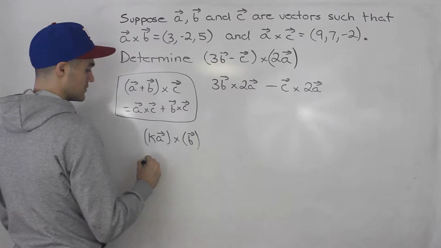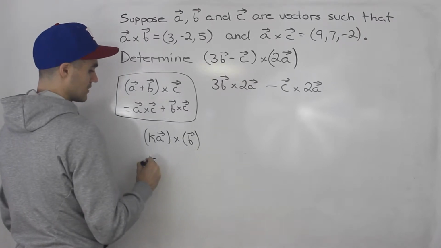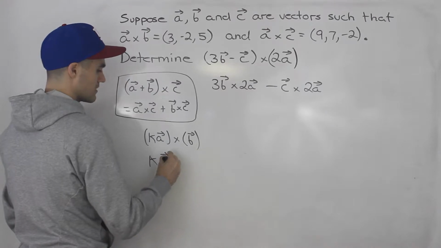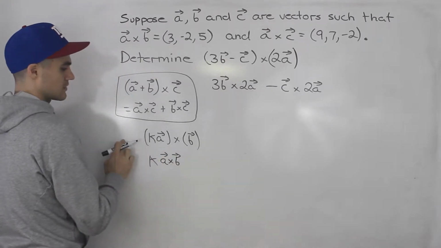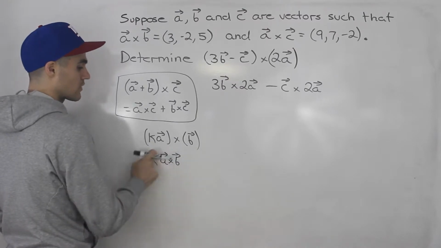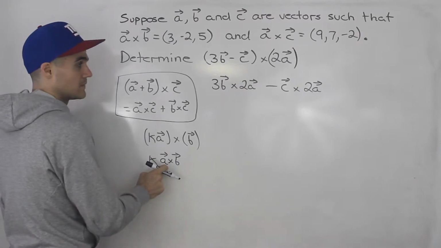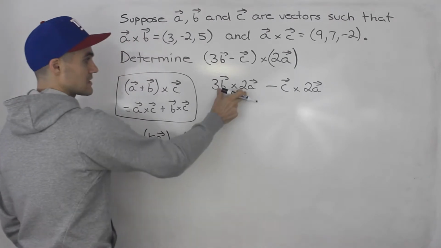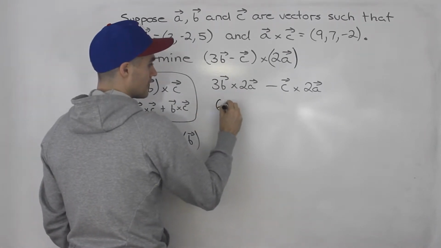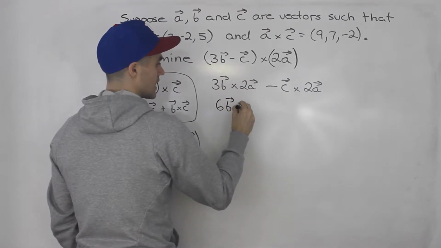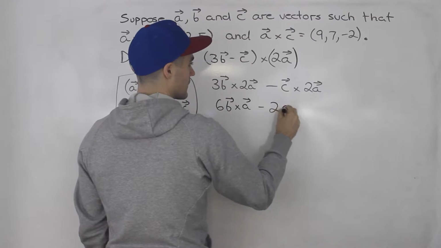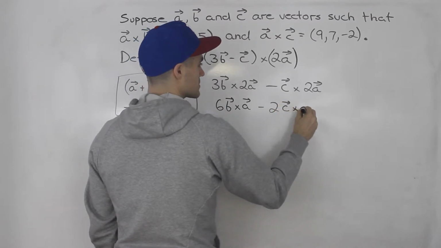Basically, you can keep the scalar on the outside and just take the cross product between A and B, and then whatever that is gets multiplied by the scalar. So we can do that here. We take the 3 and the 2 and put them in front, so that would be a 6, and then we'd have B times A. Then this 2, let's put in front, so we've got minus 2, and then C times A.